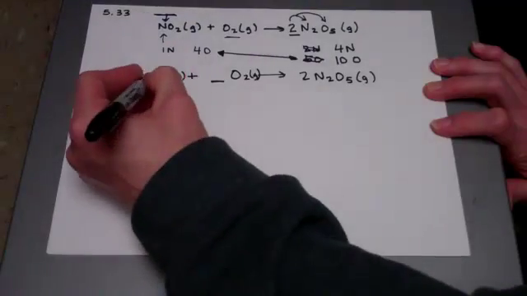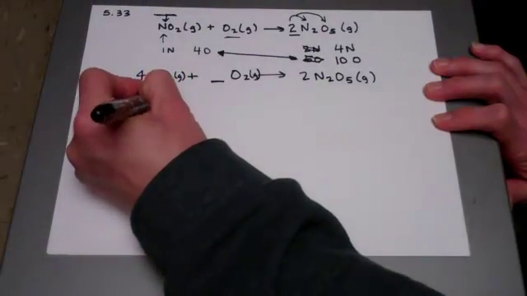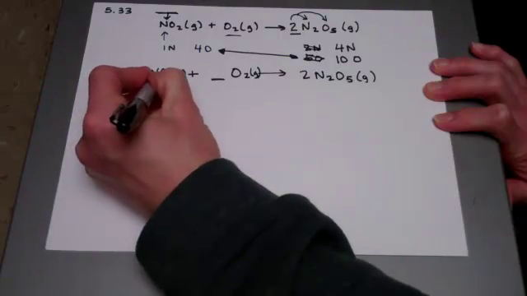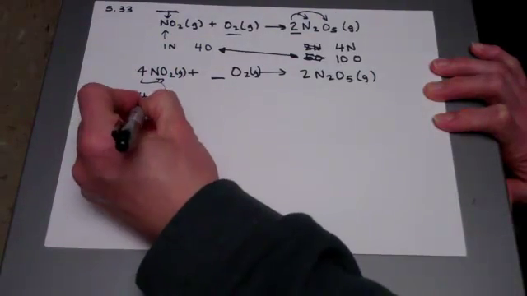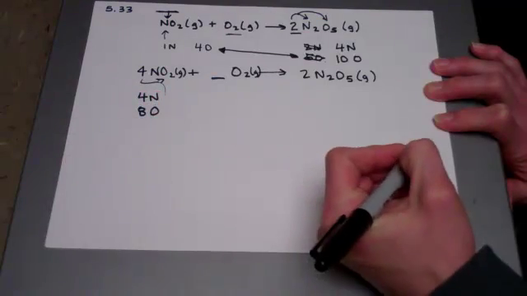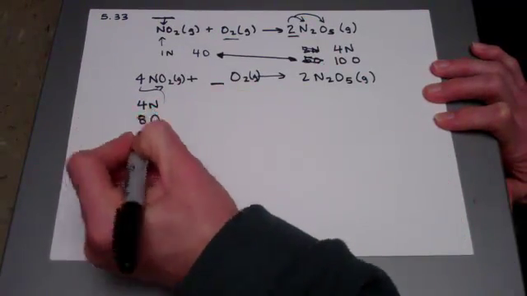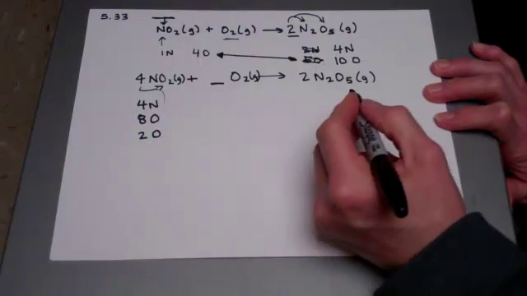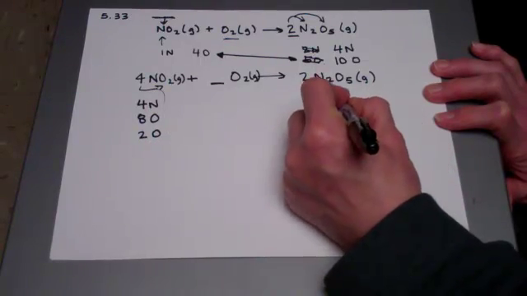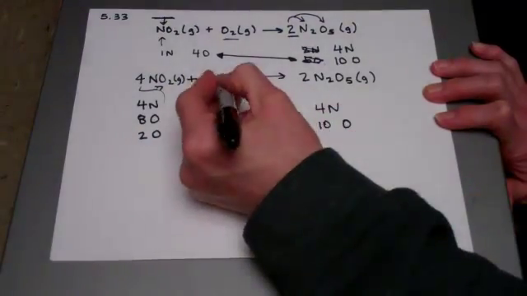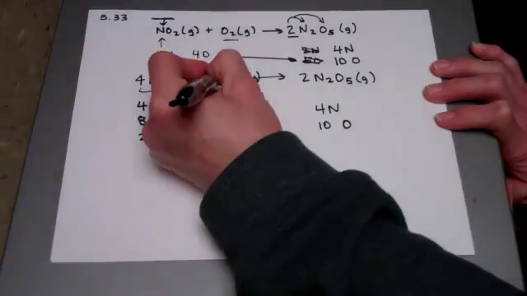Okay, so now what do I have on this side? I've got 4 nitrogens, and I've got 4 times 2 oxygens, so I've got 8 oxygens now. And I've also got the 2 oxygens over here. So I've got a total of the 10 oxygens. I think I'm balanced. Plus the 10 oxygens over here. So I don't need a number in front of this. It's going to be 1.